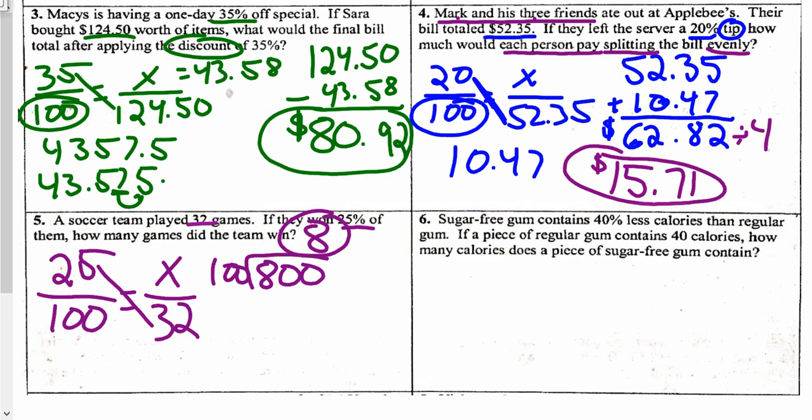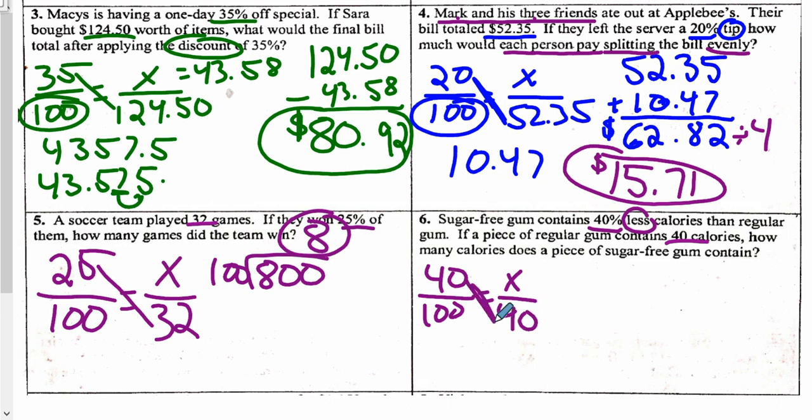Okay, number 6. Sugar-free gum contains 40% fewer calories than regular gum. If a piece of regular gum contains 40 calories, how many calories does a piece of sugar-free gum contain? So we have, once again, our percentage over 100 equals our piece over our total of 40.